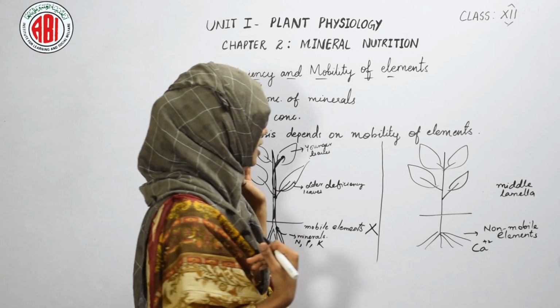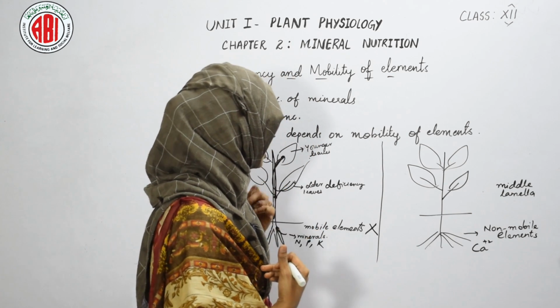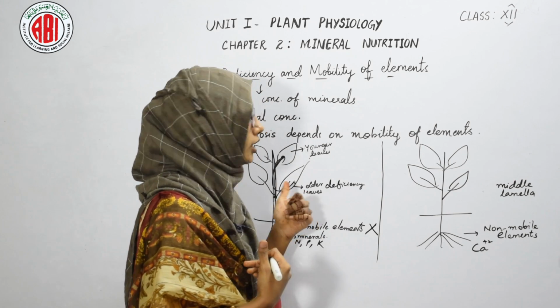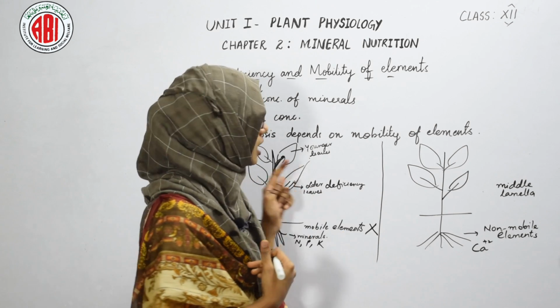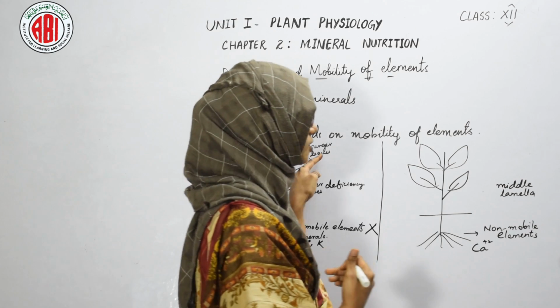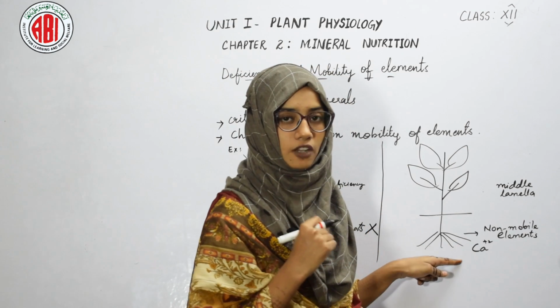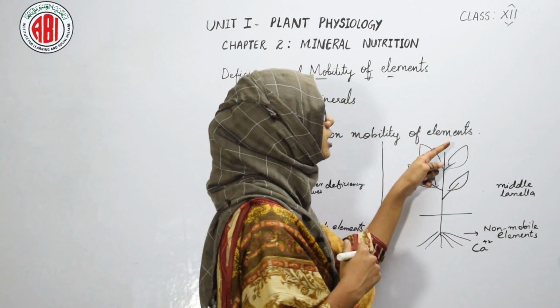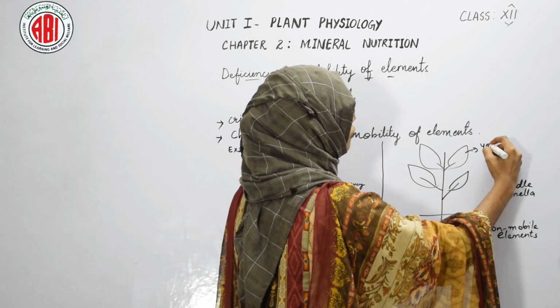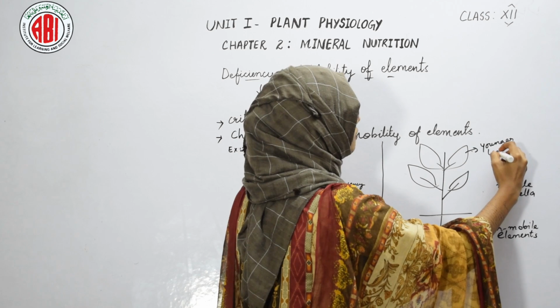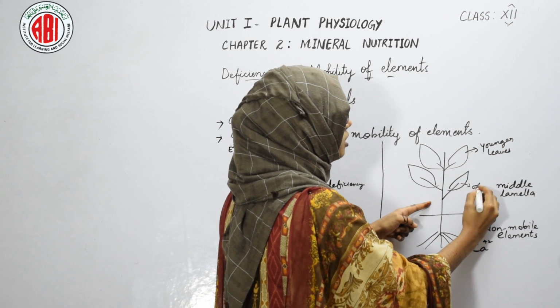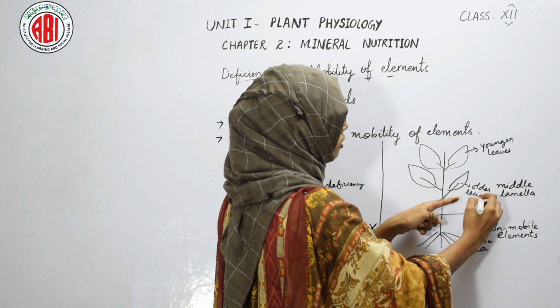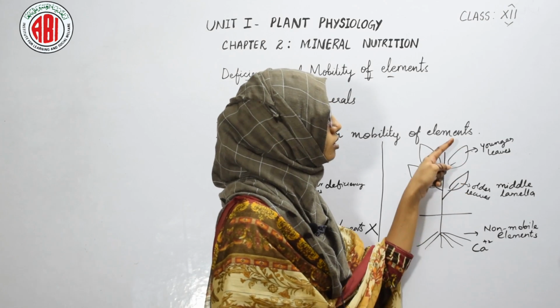In the first case, we have seen that mobile elements like nitrogen and phosphorus, in case of deficiency, move from older leaves to the younger leaves. But when calcium is deficient in the soil, or not available in the soil, and there is a requirement of calcium shown by the younger leaves, then the calcium which is present in the older leaves cannot move from older leaves to the younger leaves.